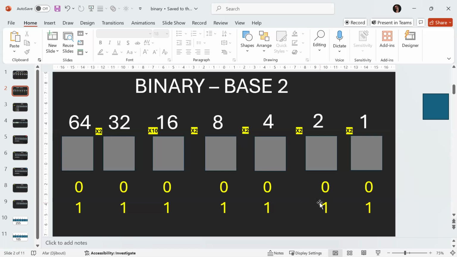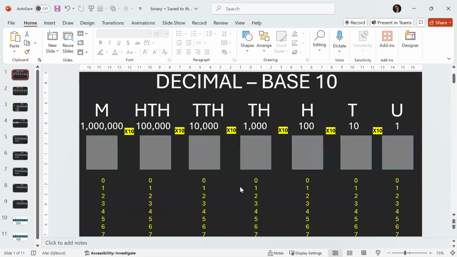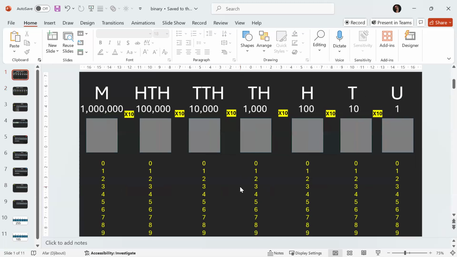Just like the other one, this one is equally not exhaustive. You're going to see the demo very soon. But unlike the other one, the only possible things in each box are 1 and 0. If I go back to the other slide, you see that the possible things in one box are 0 to 9. That's 10 possible things in one box.